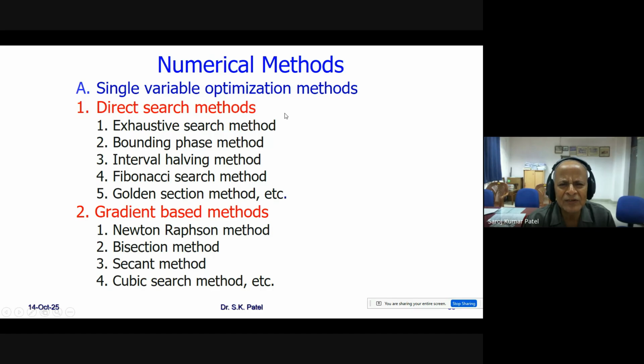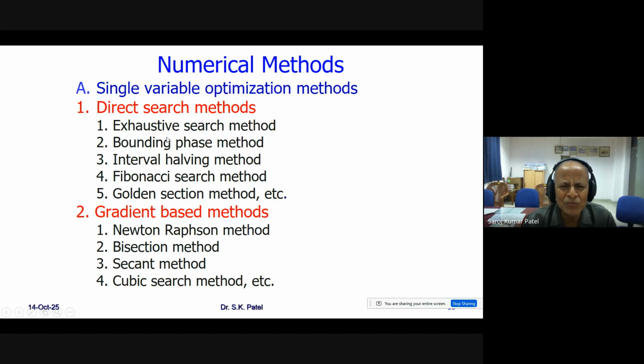Under direct search method, we just find out the function value f of x, and then we compare, and we eliminate a portion of this region and find out finally the zone where the optimal solution will exist. Under that there are 5 methods: exhaustive search method, bounding fetch method.